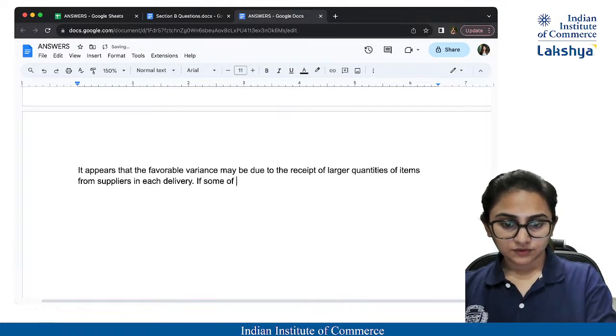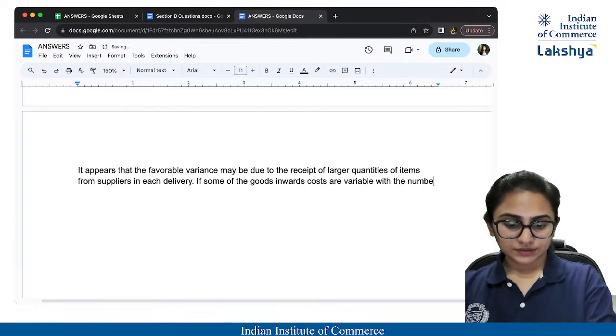If some of the goods and goods cost are variable with the number of items, this would result in cost saving.